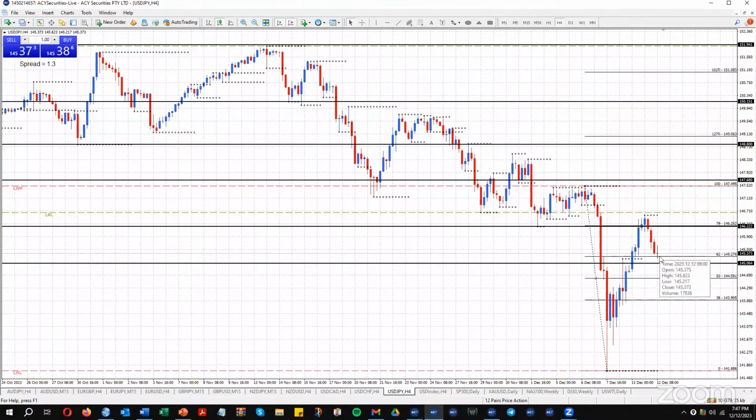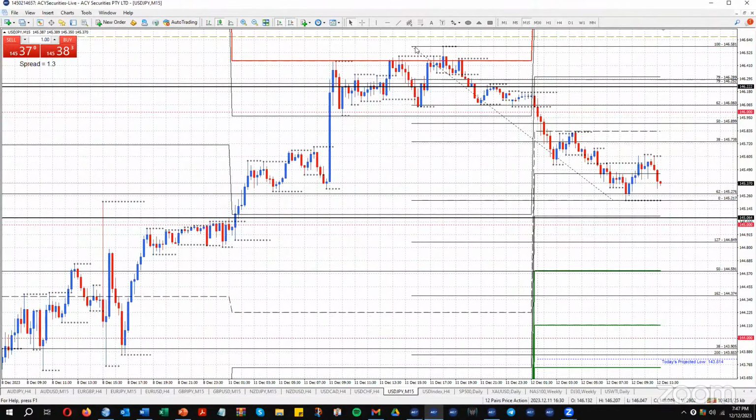So when the news event comes out today, you could be monitoring a fib range here for a rally back up to this area where it failed yesterday to hold for the next move down.